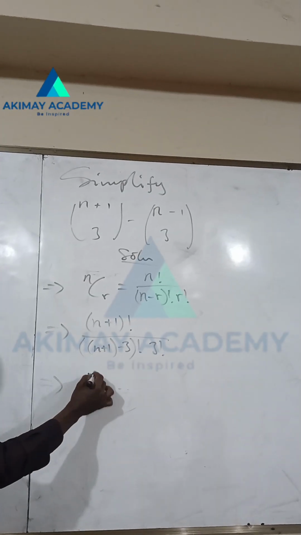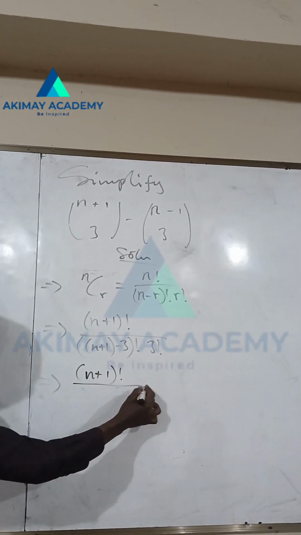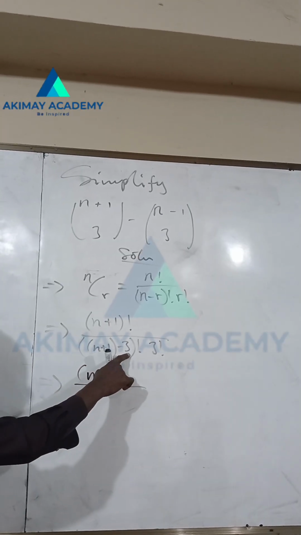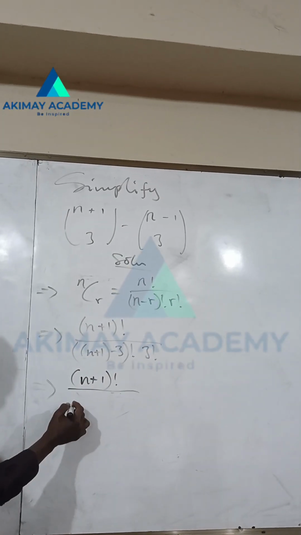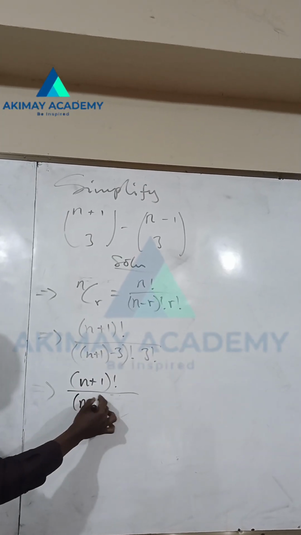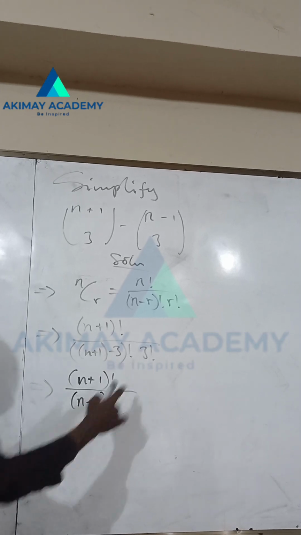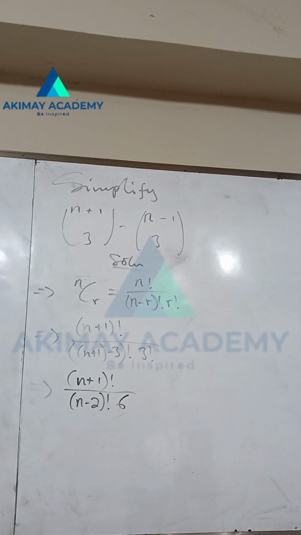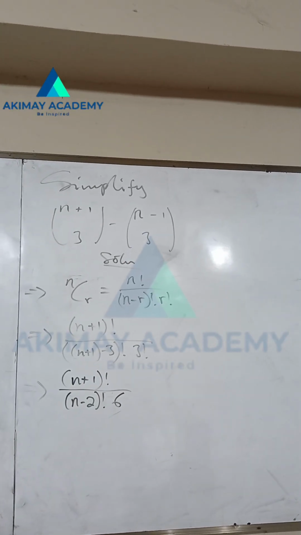We are going to have n plus 1 factorial out of, so when you expand this bracket, you can see you have plus 1 minus 3, which is going to give us what? Minus 2. So we are going to have n minus 2 factorial, and this 3 factorial is going to give us 6, right? Because you have 3 times 2 times 1. Okay, good.